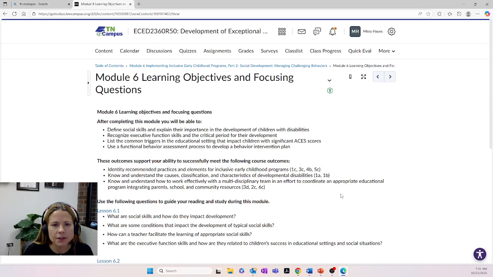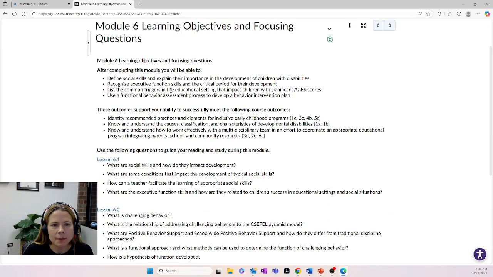And you're going to see here, I always list the module objectives of what you should be able to do and the outcomes for the course that it supports. Okay, so we're going to look at how you define social skills and explain their importance in the development of children with disabilities in early childhood. We're going to recognize executive function skills and the critical period for their development.